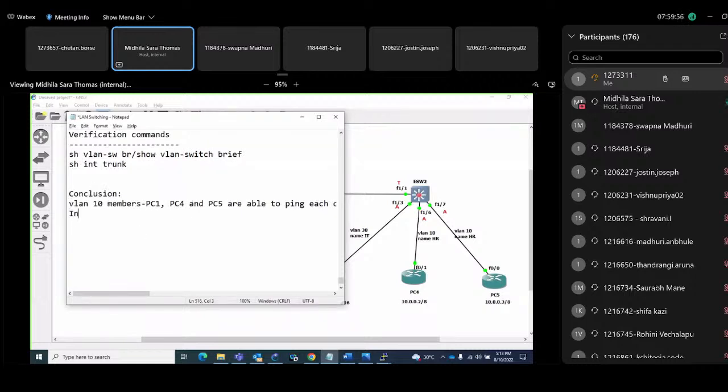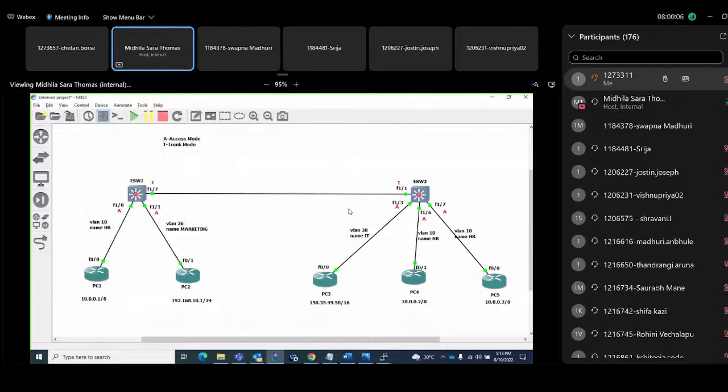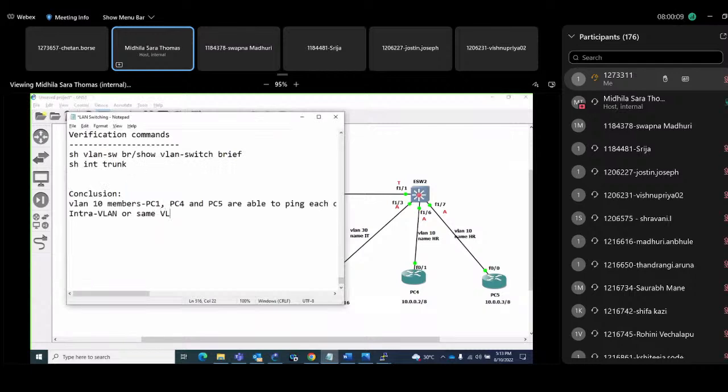Now, intra VLAN, or same VLAN, wait Chetan, I'm coming to that. Intra VLAN or same VLAN communication works. Did we prove that now? Yes.